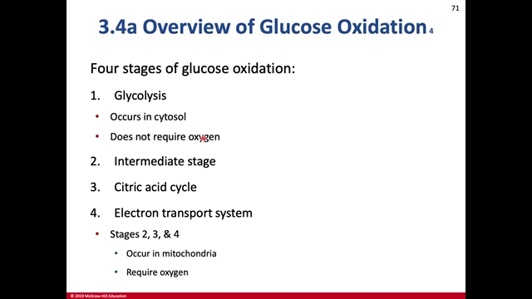If the oxygen levels are too low, then what happens is that it goes into what's called a fermentation cycle, in which the end product pyruvate gets reduced to lactic acid, and then the cycle gets repeated, and the lactic acid is actually removed, put into the bloodstream, and then sent to the liver, okay?